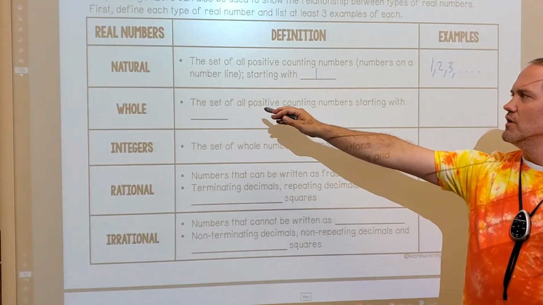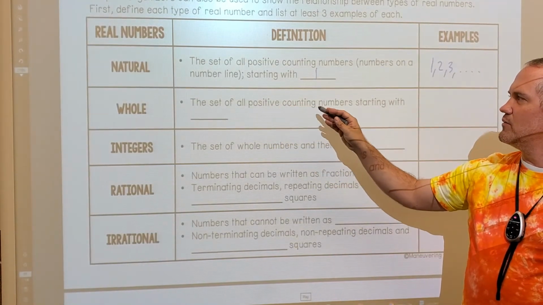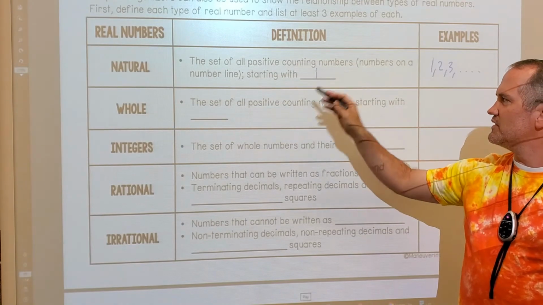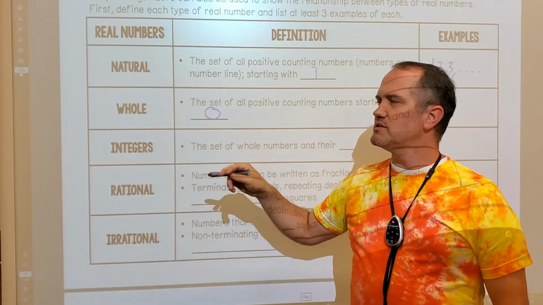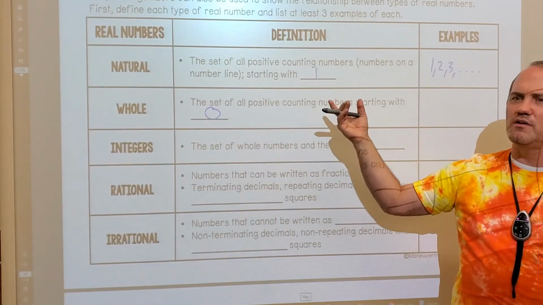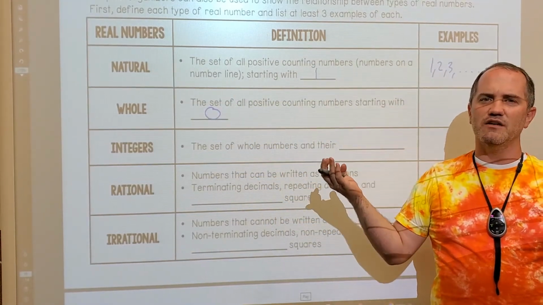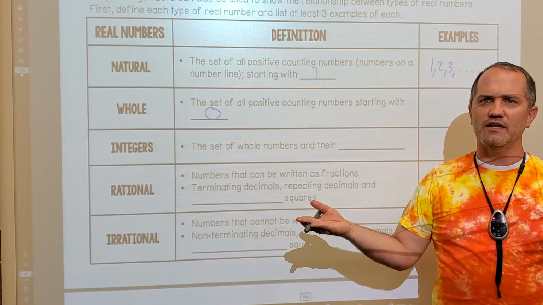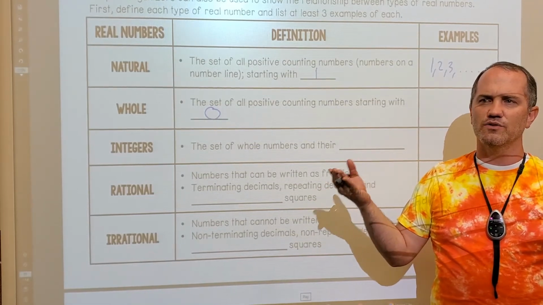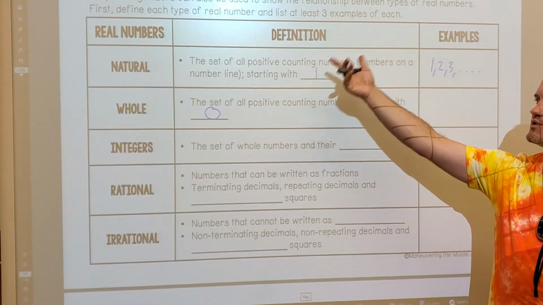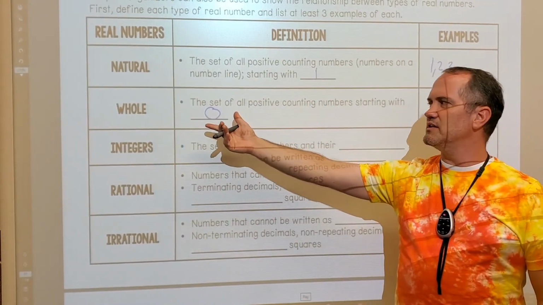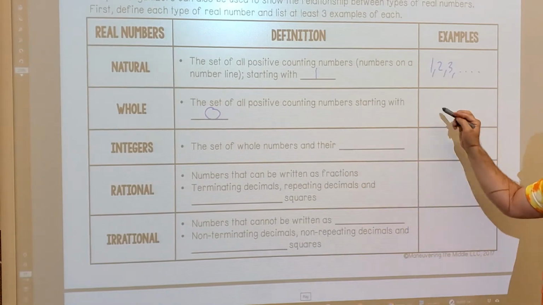Whole numbers are the set of all positive counting numbers. So you notice it's the exact same thing, positive counting numbers, but starting with 0. Okay, so the natural numbers start with 1 because you can't really find 0 in nature. You count, these are sometimes called counting numbers. So whole numbers is 0 to forever.